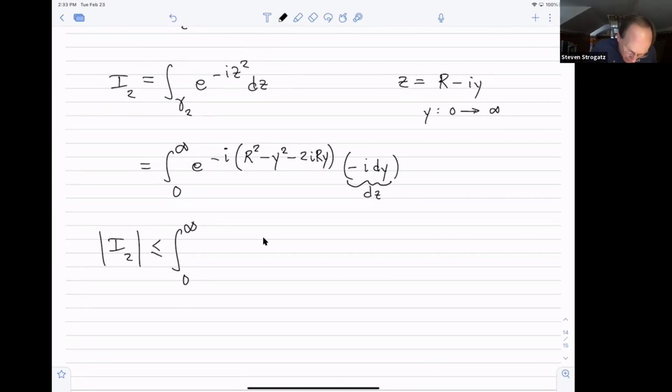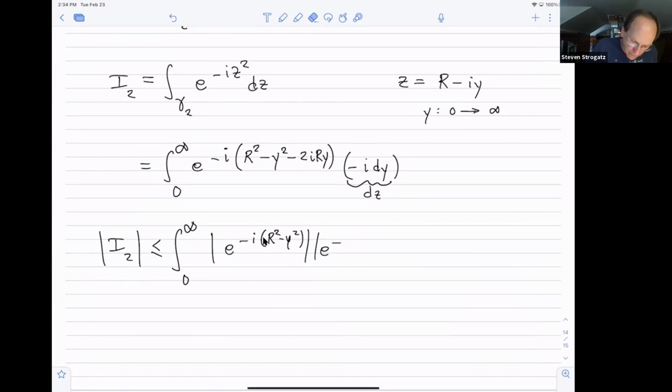So here we could look at the magnitude of e to the minus i r squared minus y squared. And then there's a term e to the, so magnitude of, let's see, I have to multiply those two negative signs and the i squareds, I get minus 2ry. Let's be more careful there.